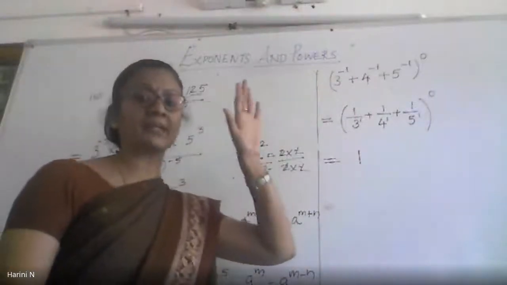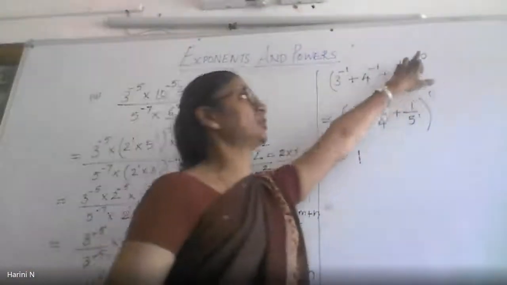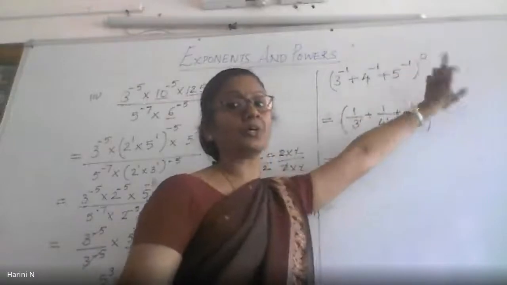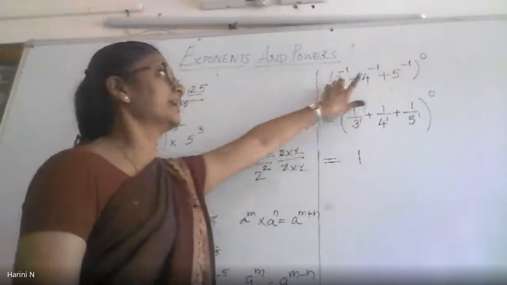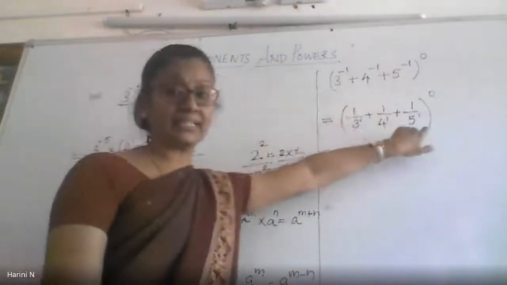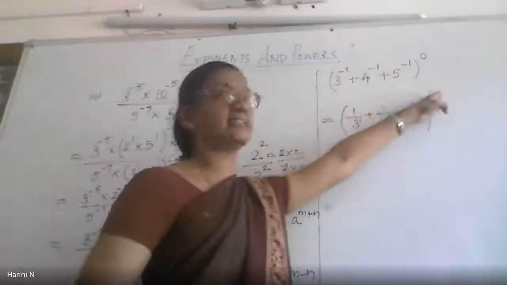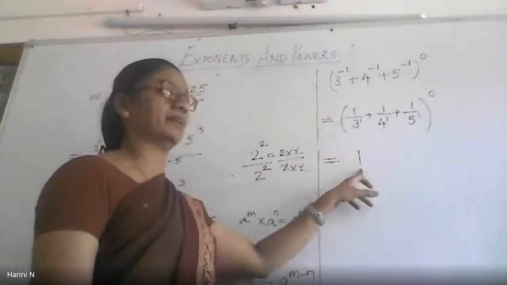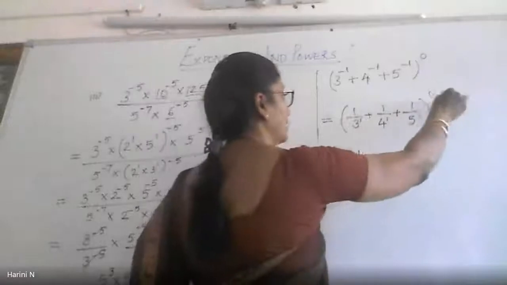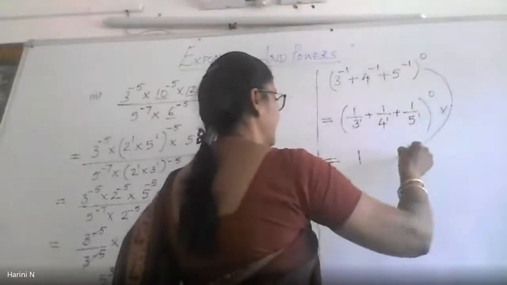Whenever you have some exponent raised to the power 0, you should know it can be directly written as 1. Some of you may think, oh, negative powers, let me bring them like this first, but anyway when you see it is raised to the power 0, anything raised to the power 0 will always become 1. So this step is not required at all. From here itself you can write it as 1.